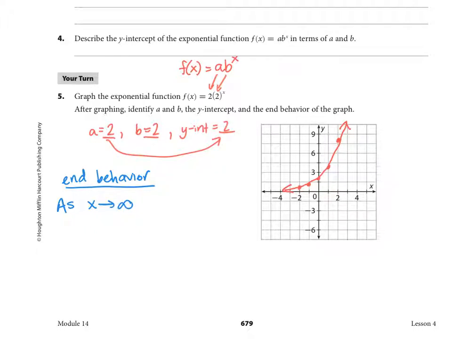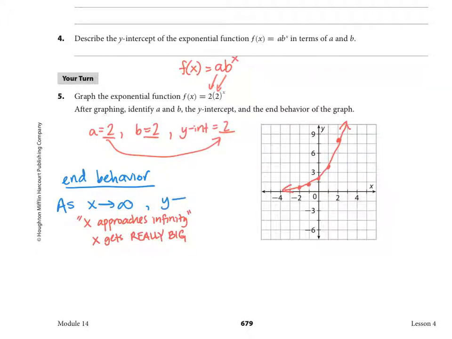So let me write down, as x approaches infinity, or in more plain English, as x gets really big, then what happens to the y?